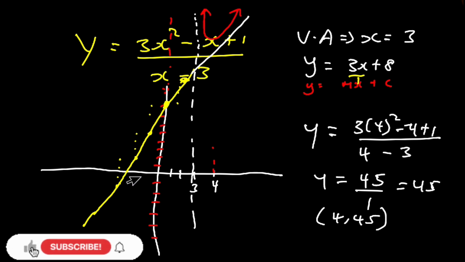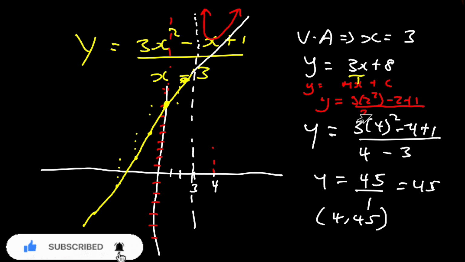Now let's find out where the curve is going to be, whether it will be here or here. So let's pick a number that's to the left of the vertical asymptote. Let's pick 2. So we're going to have that y is equal to 3 multiplied by 2 squared minus 2 plus 1, then divided by 2 minus 3. So 2 squared is equal to 4. 3 times 4 is 12. 12 minus 2 is 10. 10 plus 1 is 11.